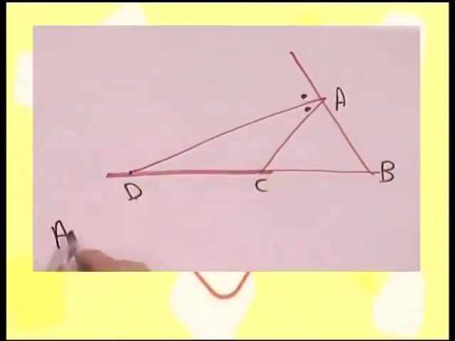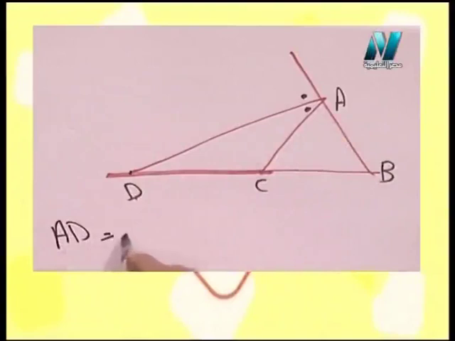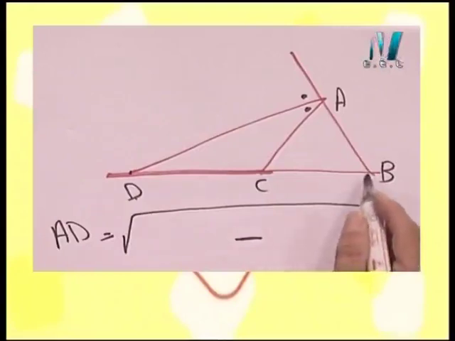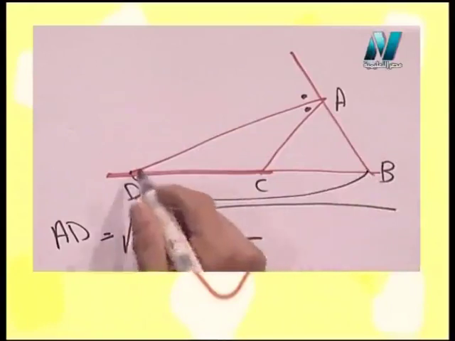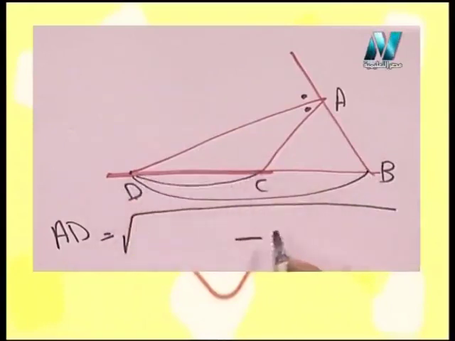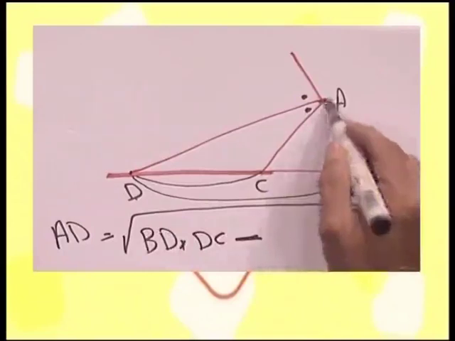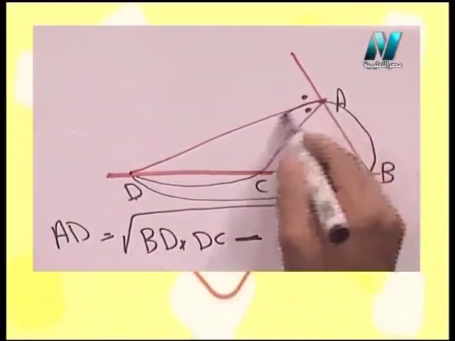The length of the bisector AD here equals the square root, put minus here, we will start with BD times DC, and after minus here, AB times AC.